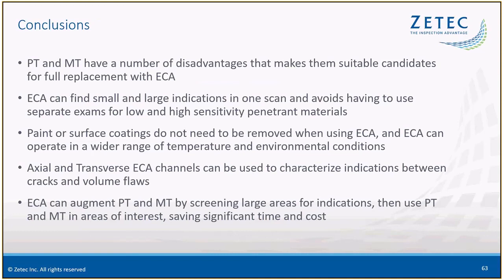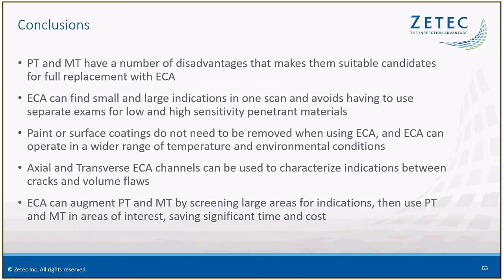If you have low and high sensitivity penetrant materials that you would have to deal with, you don't have to deal with that. You can do it through painted or coated surface coatings. You don't have to remove that to do ECA. And then the eddy current array can operate in a wide range of temperature and environmental conditions. So if you're out in the field, and you need to do it in very cold temperatures or in a very hot temperature area, you can do that.